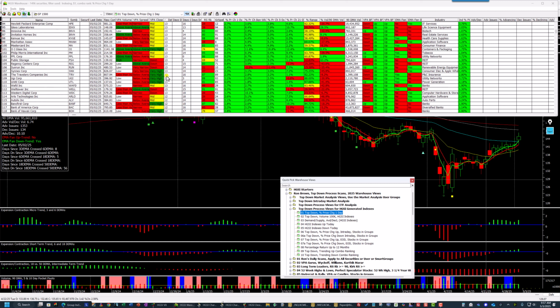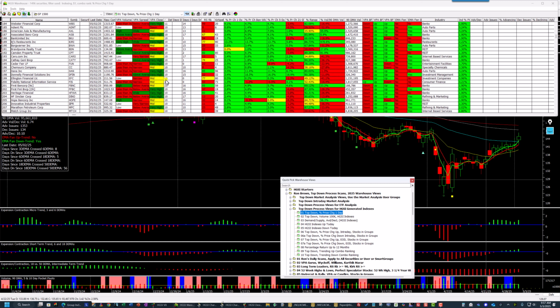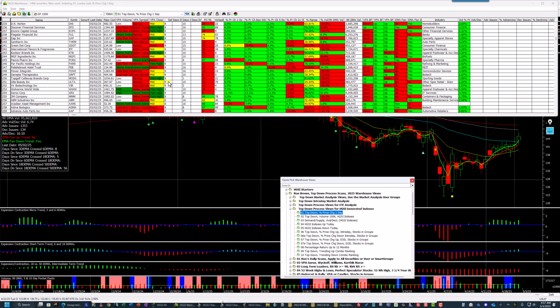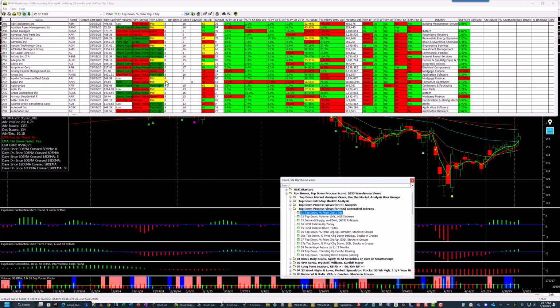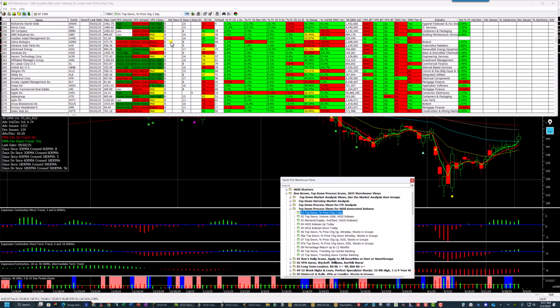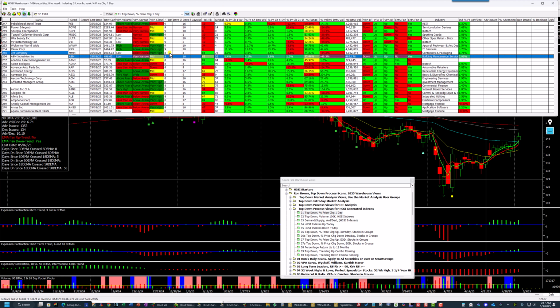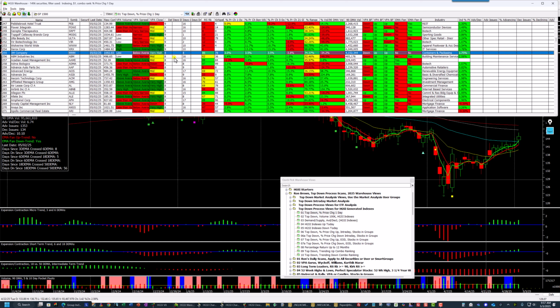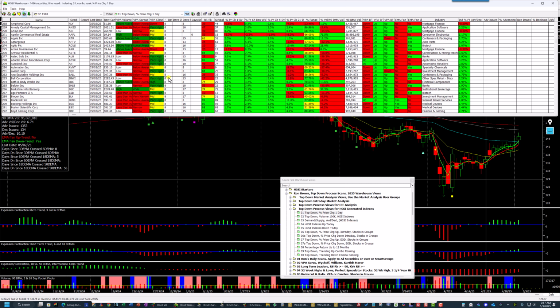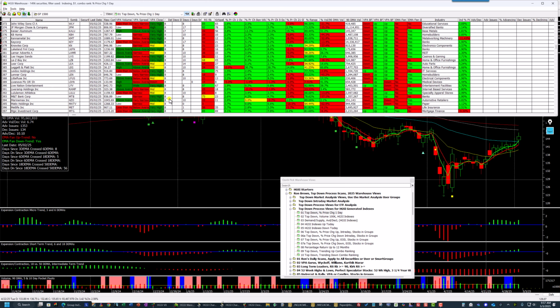So as I scroll down this long list of stocks in the S&P 1500, these are stocks right here, beginning with this, that crossed over on that day. And you can see there are several of them as I scroll down the list.